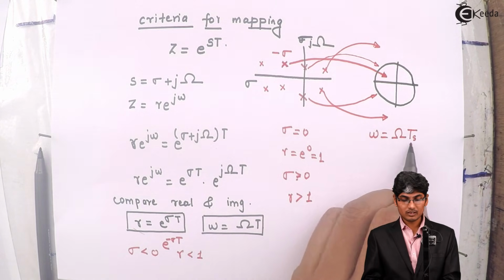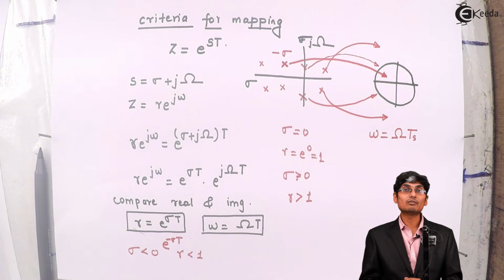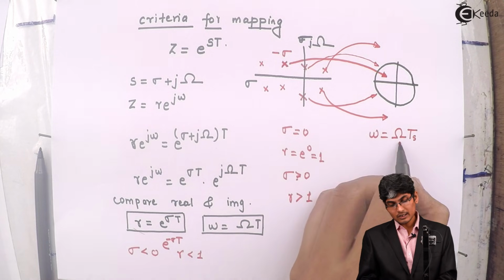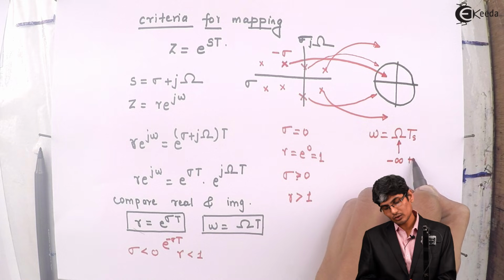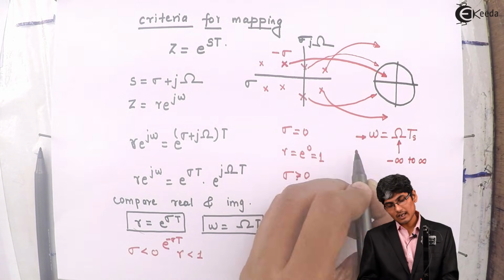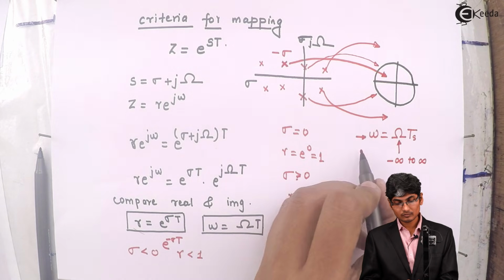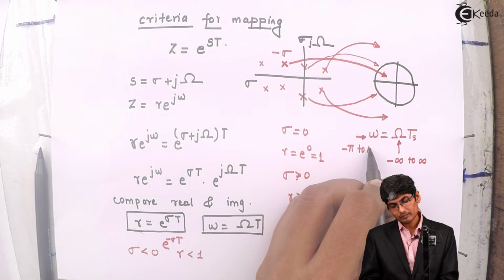So this Omega has a range of minus infinity to plus infinity, whereas omega has a value from minus pi to pi.